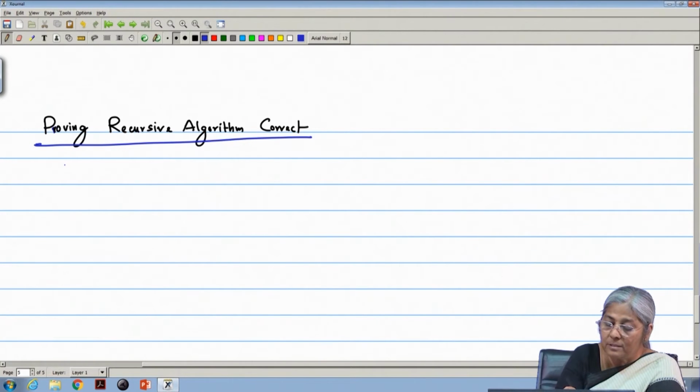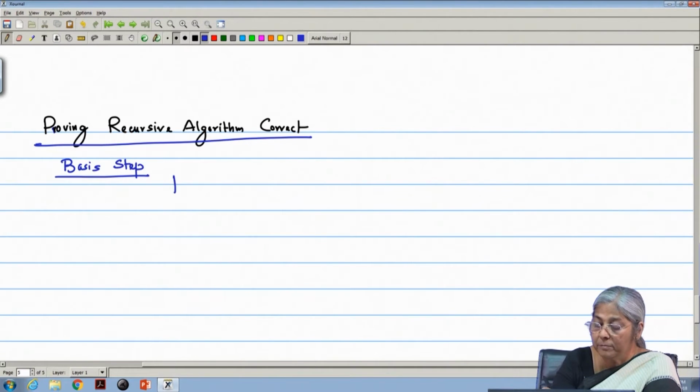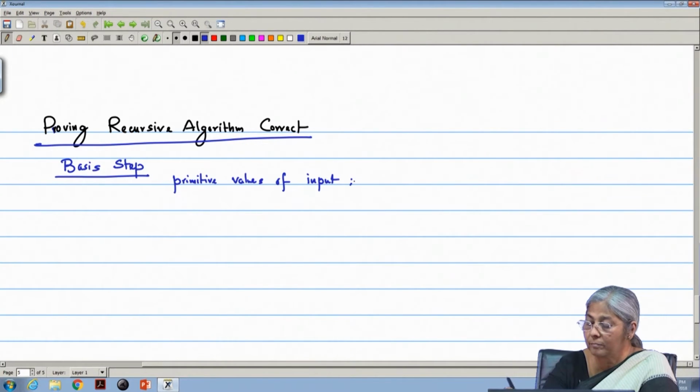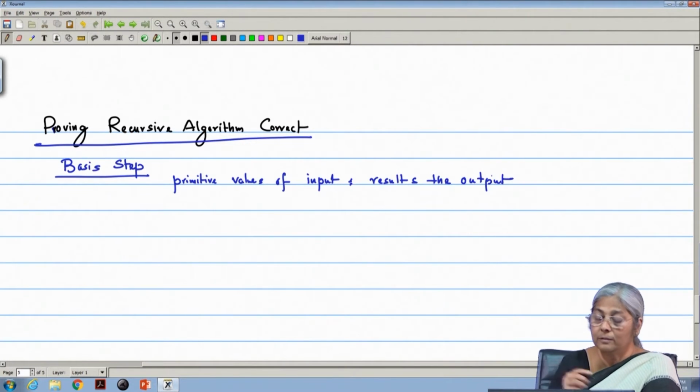So, here also there is some basis step, just as we have seen, which is actually for some primitive values of input that result in the output, and in respect of a recursive algorithm we can tell this is nothing but my terminating condition.